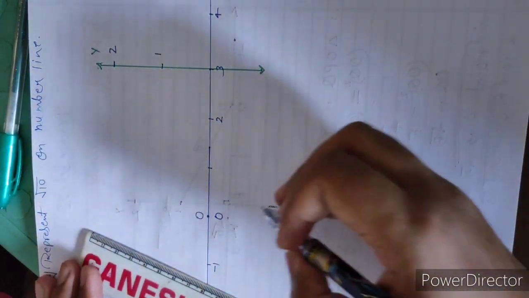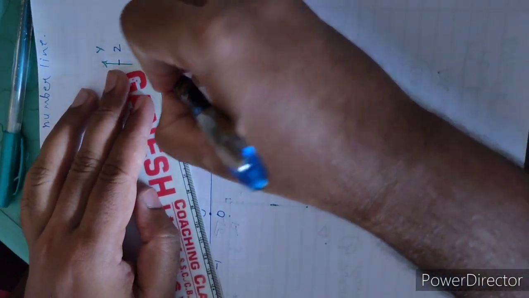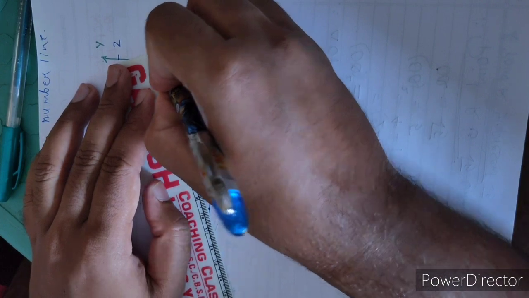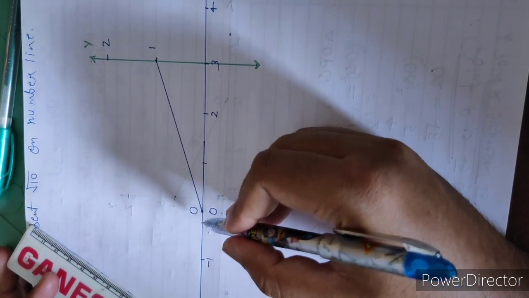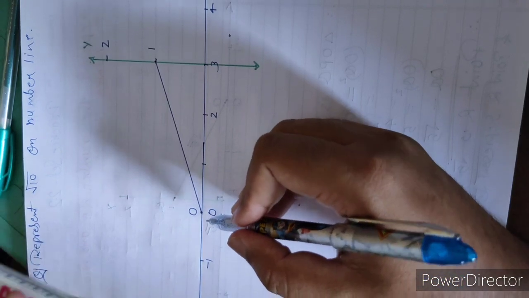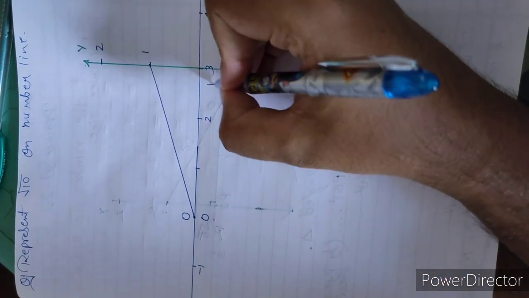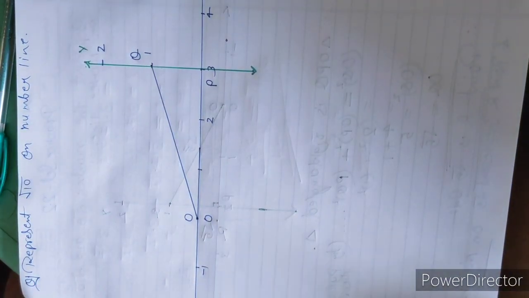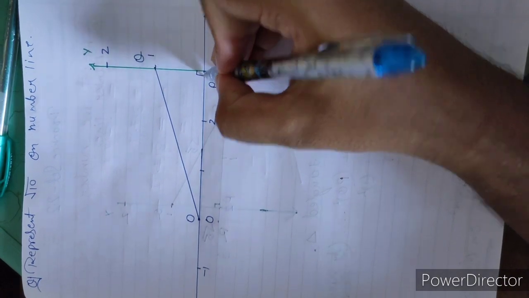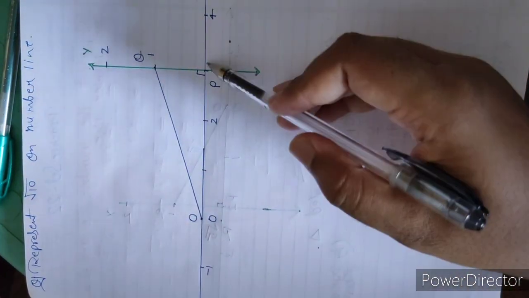Now we will name it. Firstly join 0 and 1 for making a triangle. Again we will name them as we did in the previous one, O, here P, and here Q. Now we are getting a triangle which is a right angle triangle.